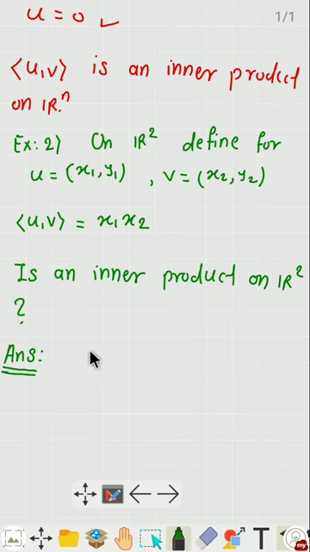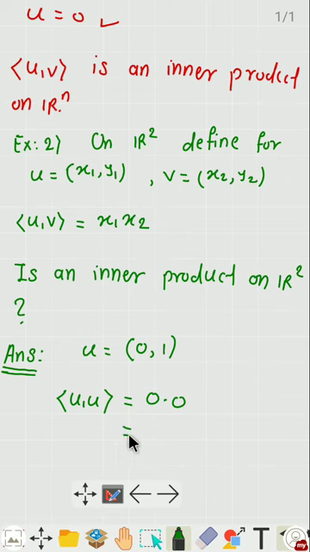So if I take a vector u equal to, suppose, 0, 1, and look at the product of u with u, now the product of u with u is nothing but 0 into 0 and it is equal to 0.